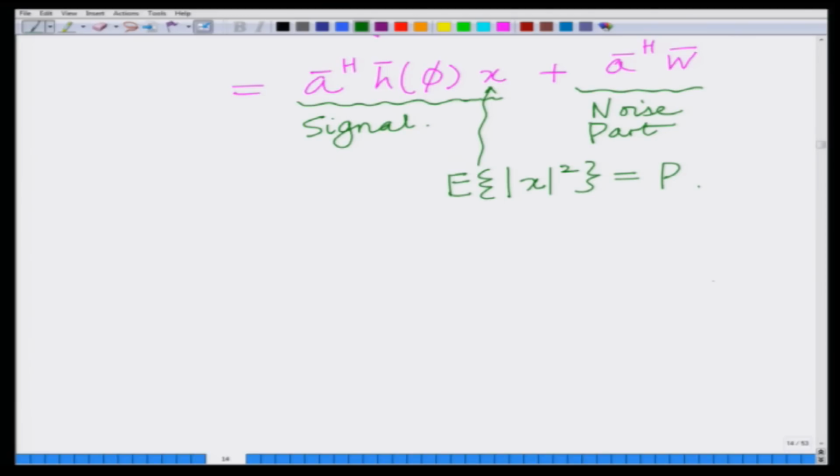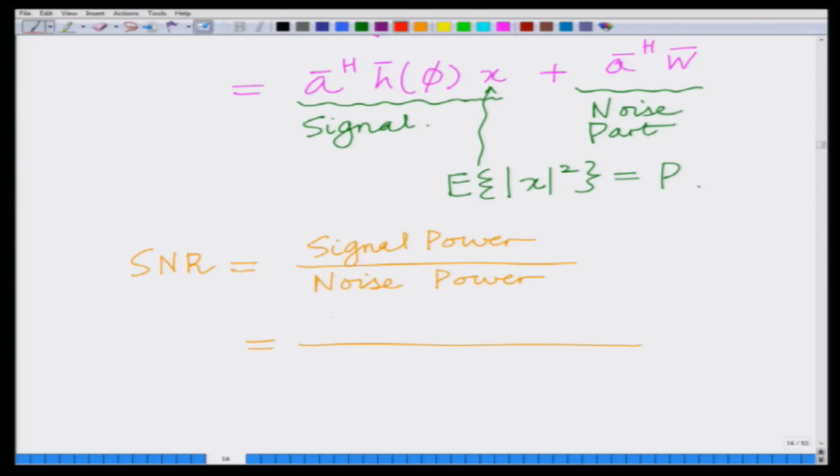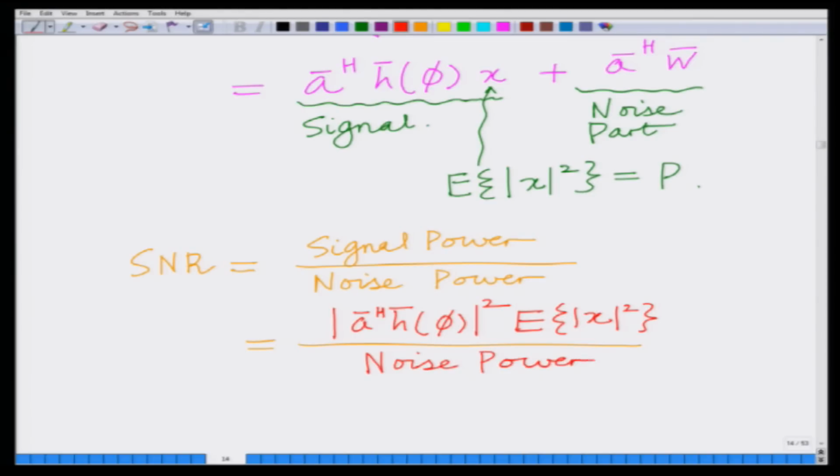So, the SNR is equal to the ratio of the signal power to the noise power, which is equal to magnitude of A bar Hermitian H bar phi magnitude square, expected magnitude x square, divided by the noise power.